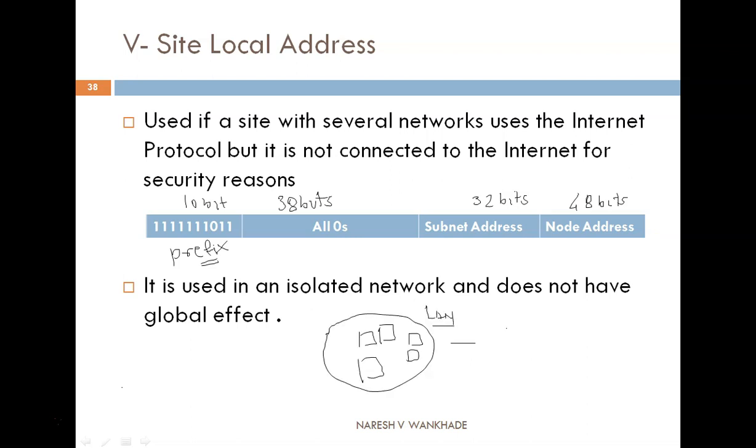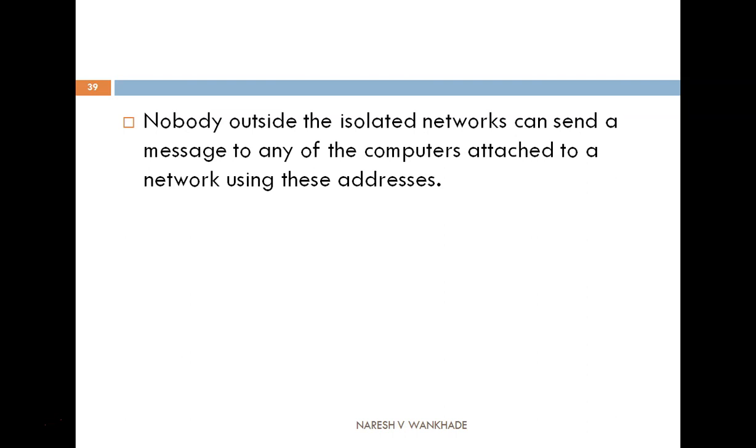It is used in an isolated network and does not have any global effect. Here there is a local area network, and this local area network is completely isolated, and this isolated network doesn't have internet. So that's why there is no global effect, the same thing as we have seen in the link local address.